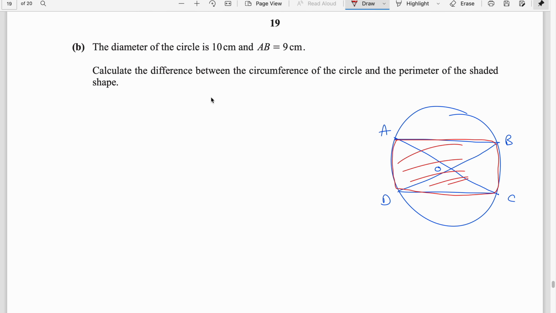It says the diameter of the circle is 10 centimeters. AB is equal to 9. AB length given is 9. Diameter is 10, so radius is 5 centimeters. So we have this radius as 5.